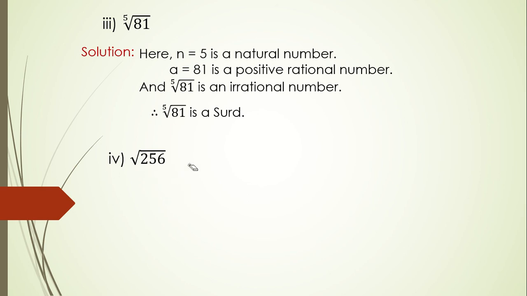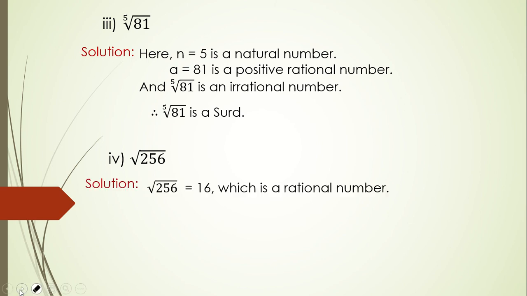Square root of 256 is equal to 16. Now, 16 is a rational number. Therefore, this also is not going to be a surd. Root 256 is equal to 16, which is a rational number. Therefore, root 256 is not a surd.